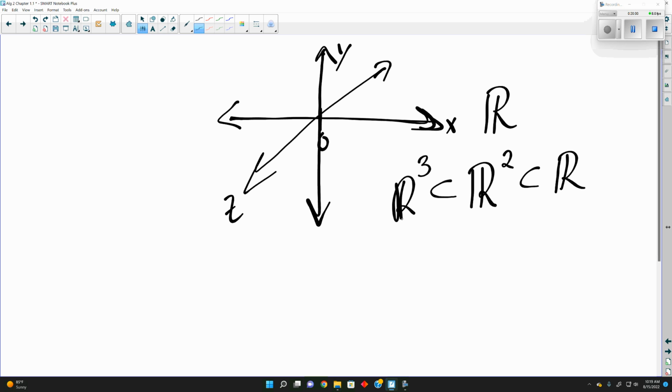Well, according to this, we could also say that R4, whatever the fourth dimension is, would be a subset of the three-dimensional plane, which is a subset of 2, which is a subset of 1. Do we actually know how to physically represent the four-dimensional plane? No. But we could say any dimensional plane is going to be a subset of the previous one.